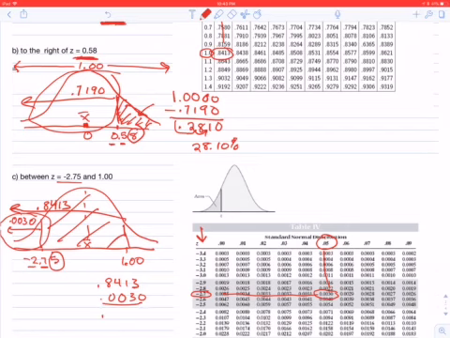And I get 0.8383. So what I could say is, as a percentage, 83.83% of the data will be between values that have z-scores of negative 2.75 and 1.00.